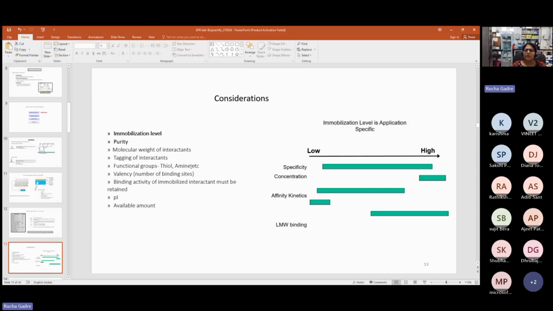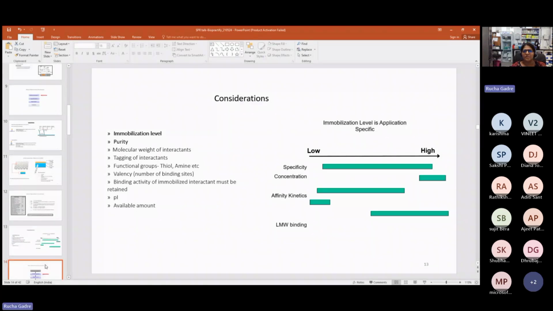If you're studying a protein interaction and immobilizing one of the interacting partners by amine coupling, and those amines are present in an active site, then you should go for a capture method. These are some considerations you should take care of when immobilizing.